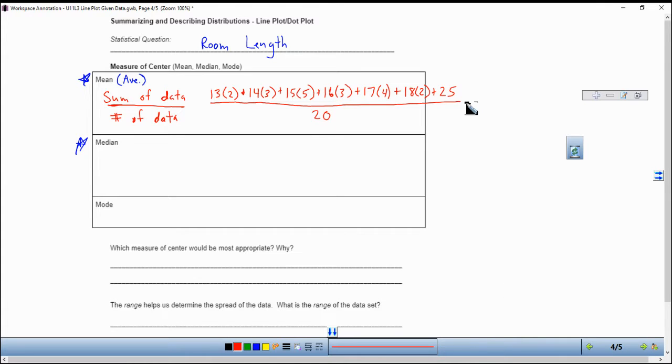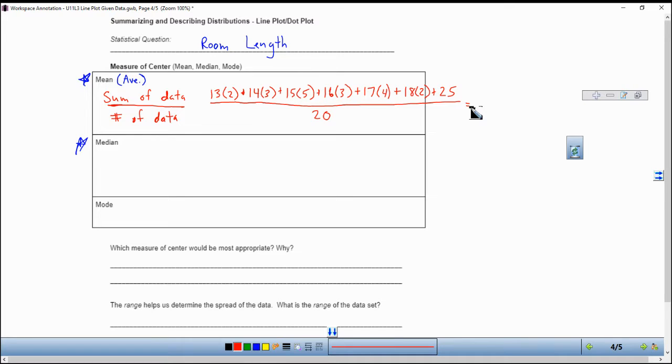So at this point with your calculator, and I'm going to do it too, just to give you some time to do it, I want you to add up all of the numbers on top in the numerator. That's going to tell us the total number of feet that everyone guessed to make their estimate. 14 times 3. So I'm just putting this all in the calculator.